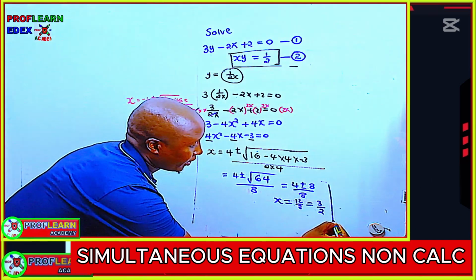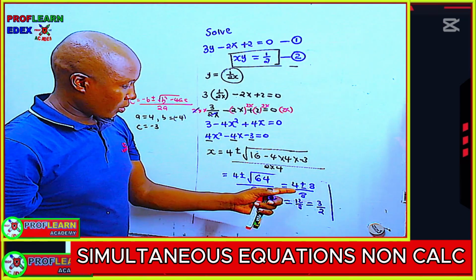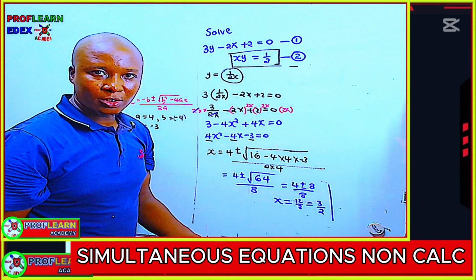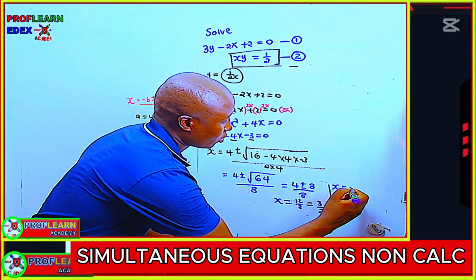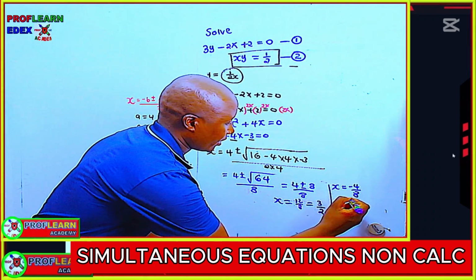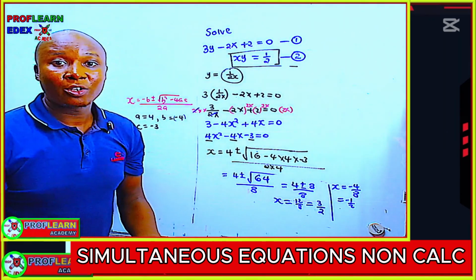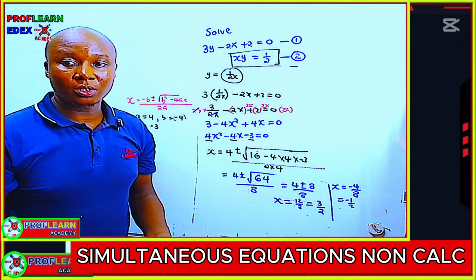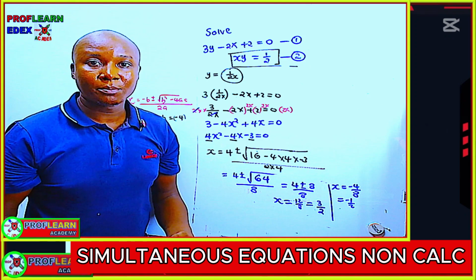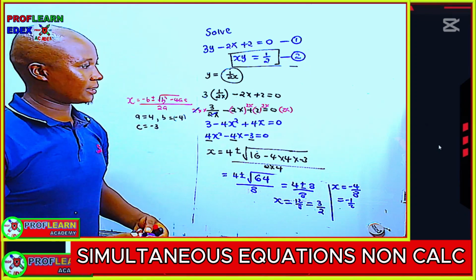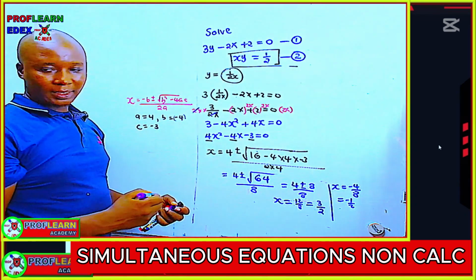For the second part, you have 4 minus 8, so x is equal to negative 4 over 8, which becomes negative 1 over 2. That is basically how you work out quadratic simultaneous equations of this particular type.